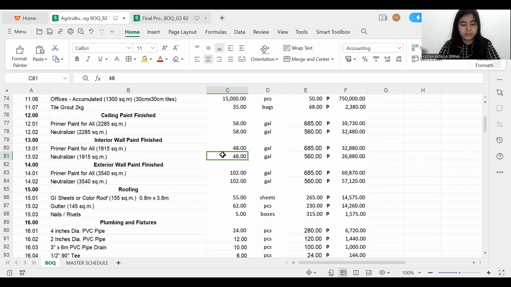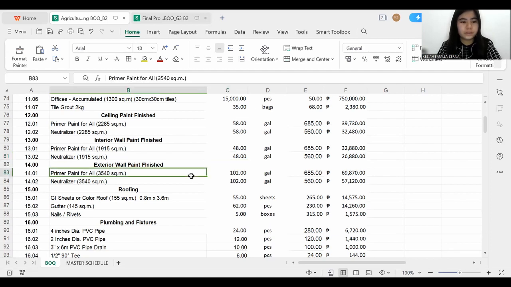For the exterior wall, I used the value of 35 square meters, since 1 gallon of fine to coarse surface is 35 square meters. The whole surface area of the exterior wall of the agricultural building is then multiplied by 1 gallon over 35 square meters of fine to coarse surface.